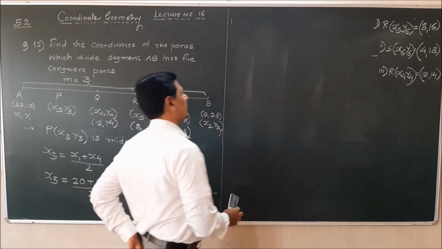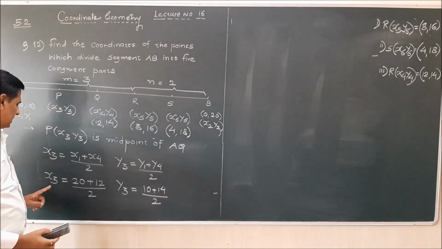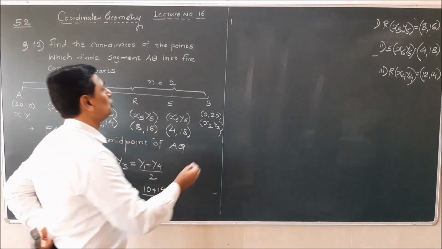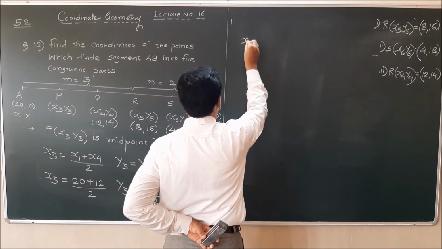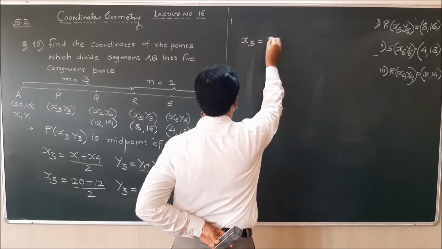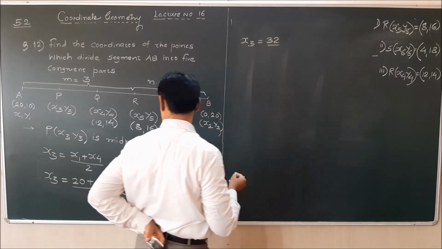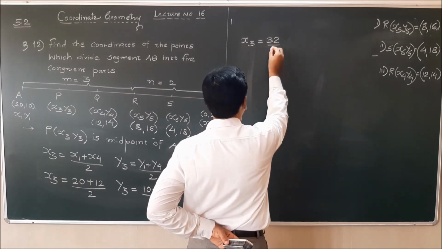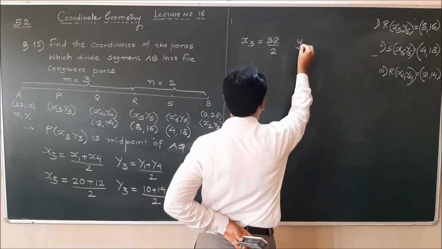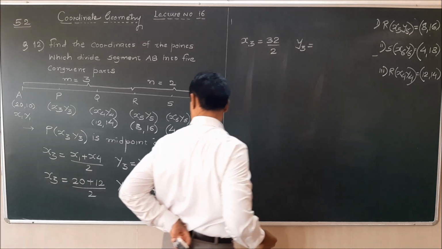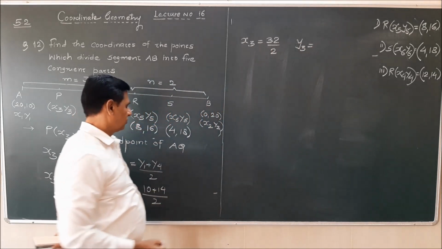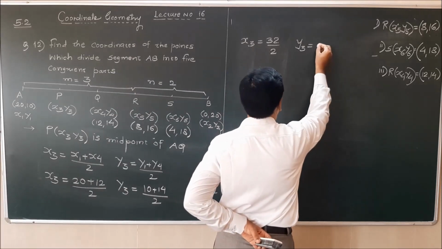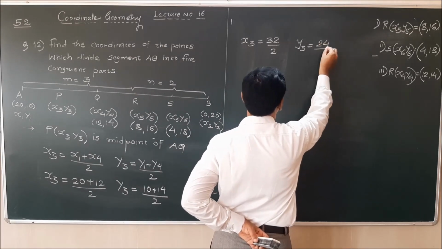So please see here for the next calculations. x3 is equal to 32 upon 2, while y3 is equal to 10 plus 14, 24 upon 2.